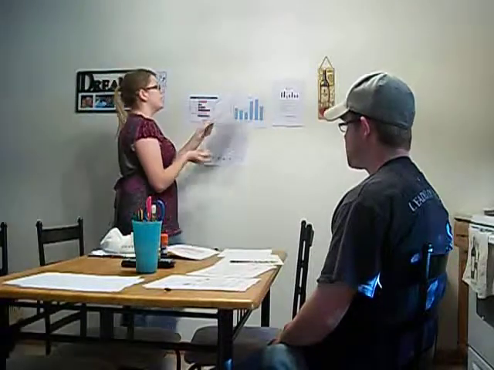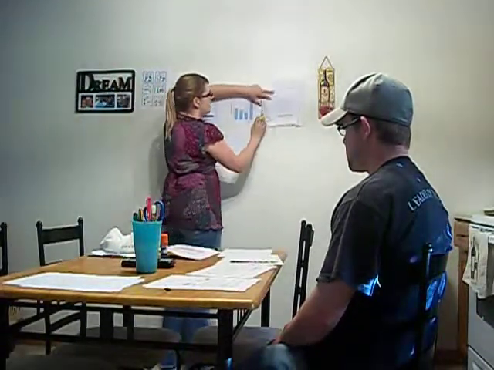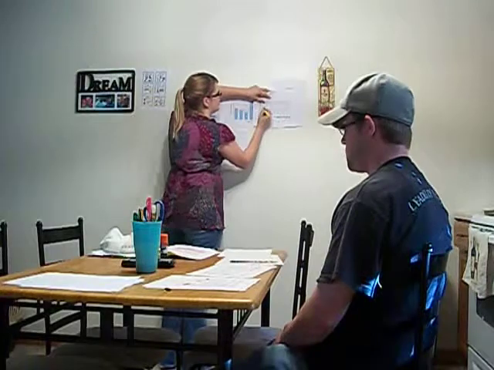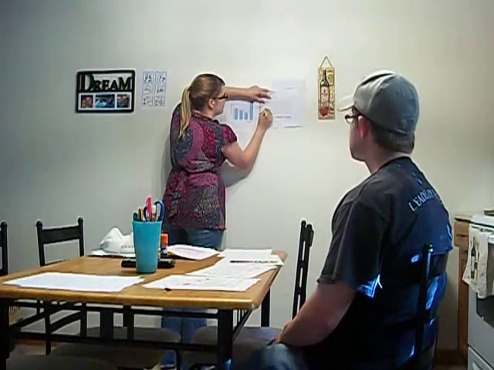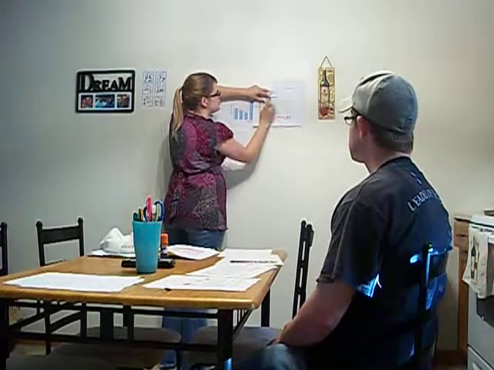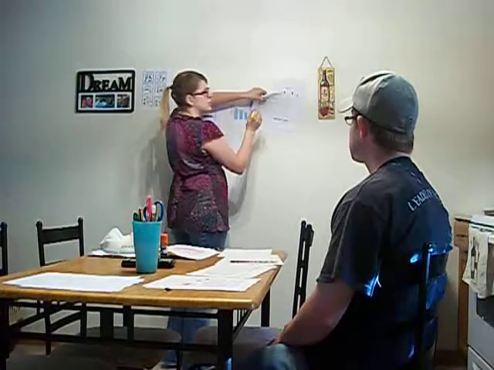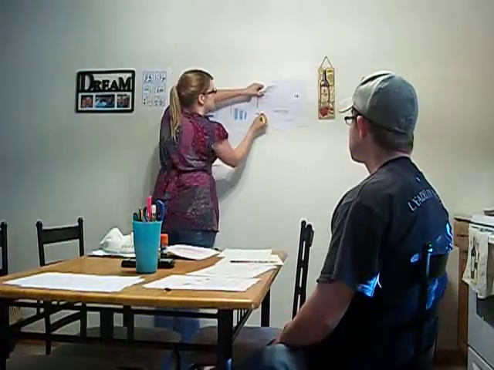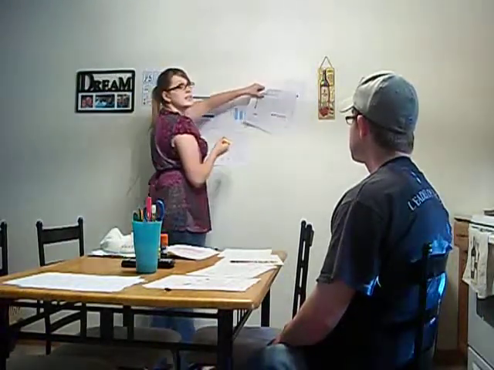Let's pretend I'm counting my yellow M&Ms, and I see that I have 4 yellow M&Ms. So I go to the yellow, and I would color in 4 yellow M&Ms. And you're going to do this for every color that you have in your bag, and then I want you to write the total number of M&Ms right here on this line. Okay, go ahead and get that started with your groups.